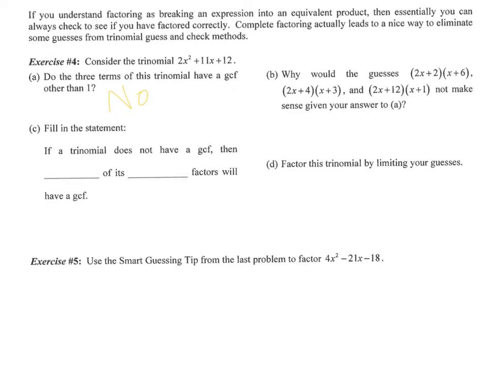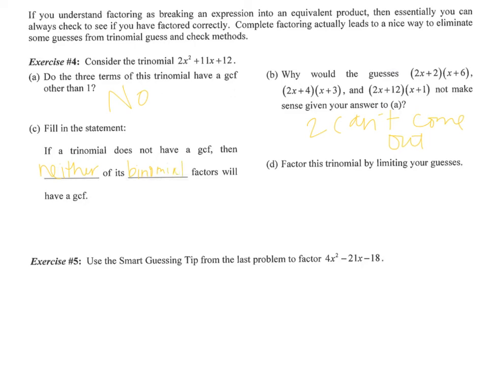Because all of those would say that a 2 could come out of them. So if a trinomial does not have a greatest common factor, then neither of its binomial factors will have a greatest common factor.